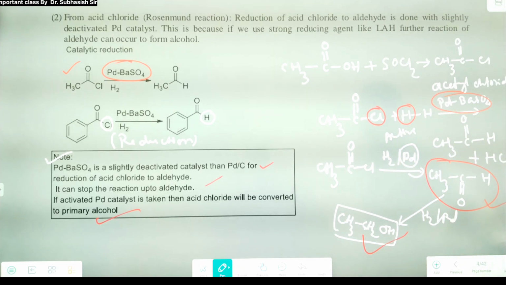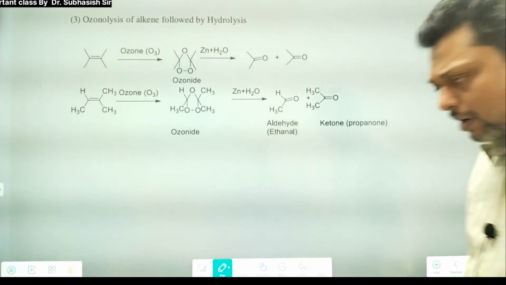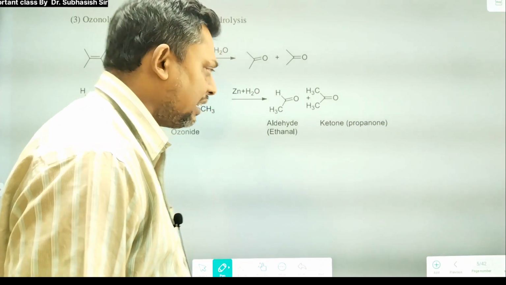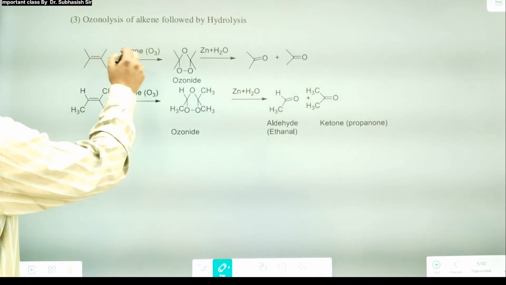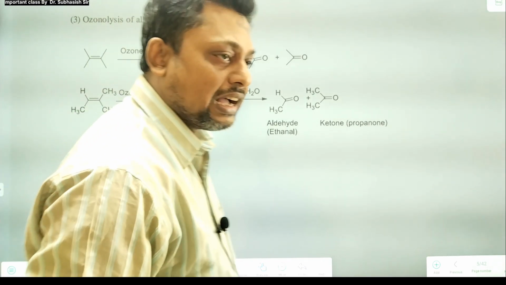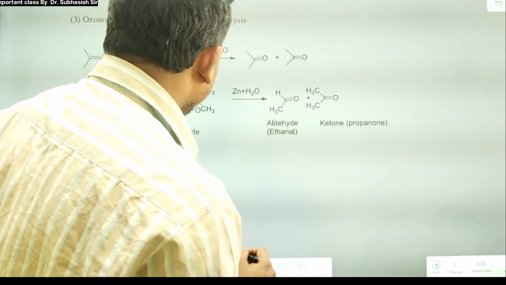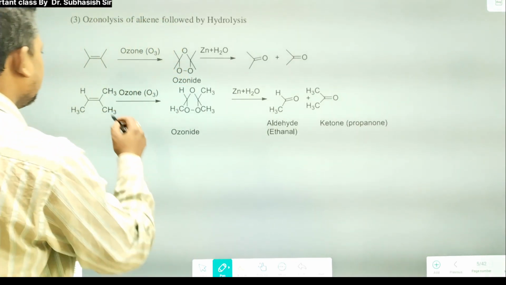So let us go to the next slide. This is also a famous reaction, as you have already discussed in the class 11 chapter, hydrocarbons. This is called ozonolysis. I am not going to discuss this topic in detail, but I will give some hints on how to remember these reactions.